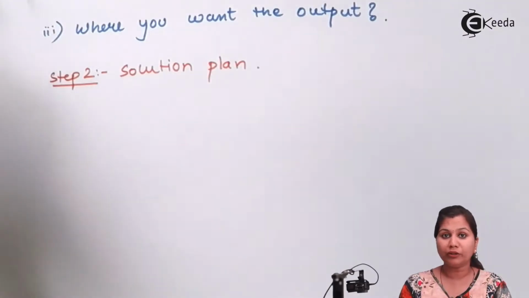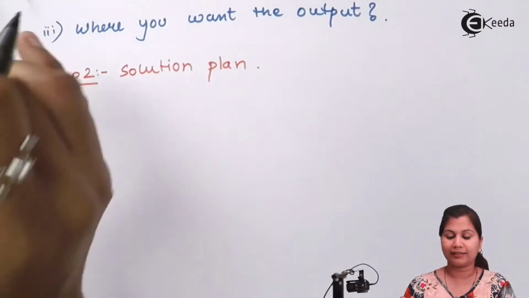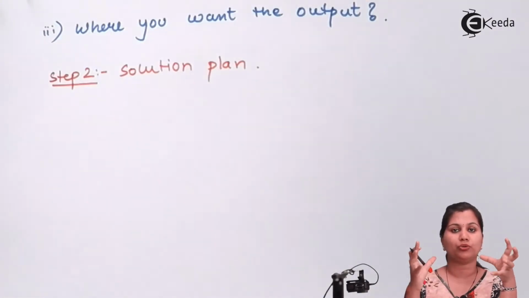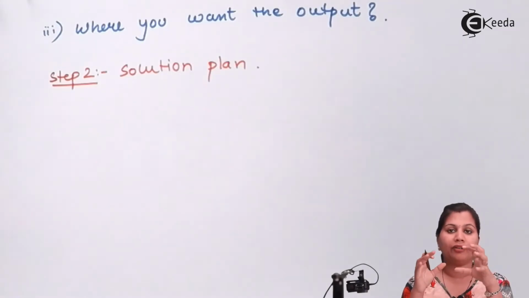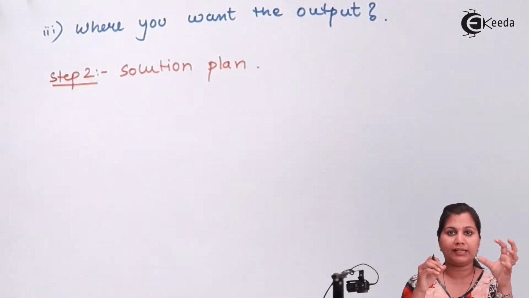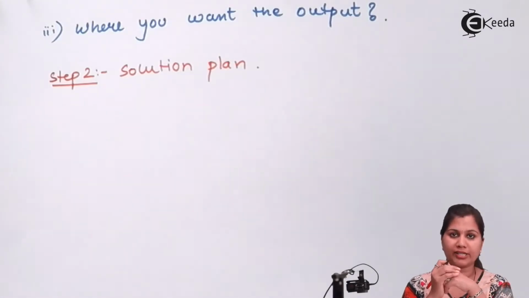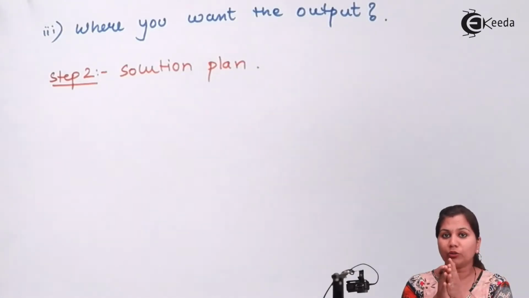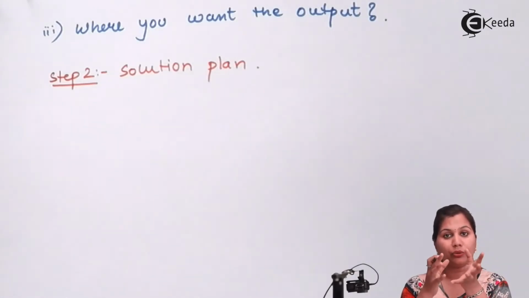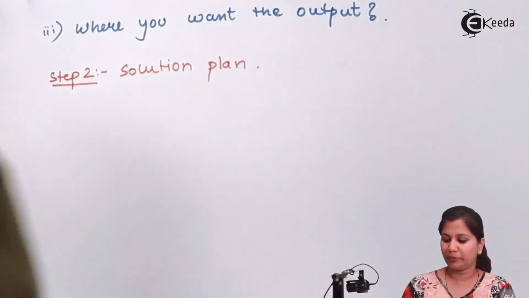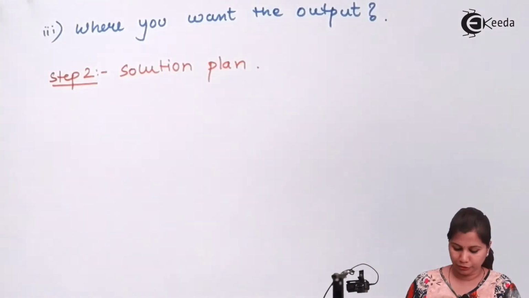Now how we are going to perform that operation, that is to be decided in step number 2. Suppose that we want to do the addition of two numbers. We know that for one, the data is directly available to us, and the second number will be stored in the register. Now how we are going to add them and how we are going to store the result in the accumulator, that is to be decided in step number 2.